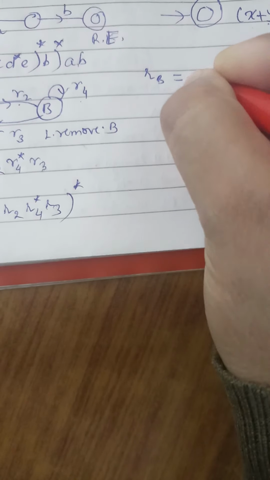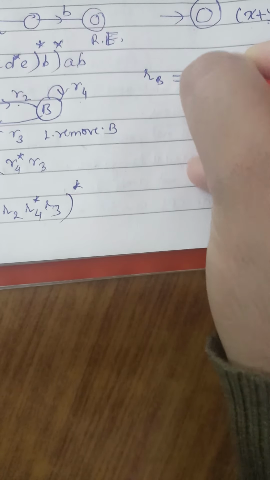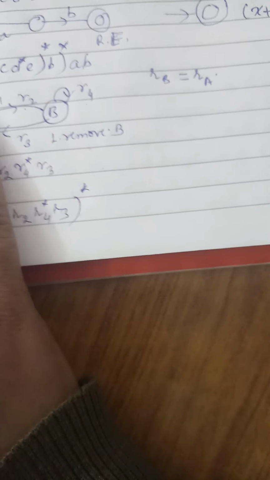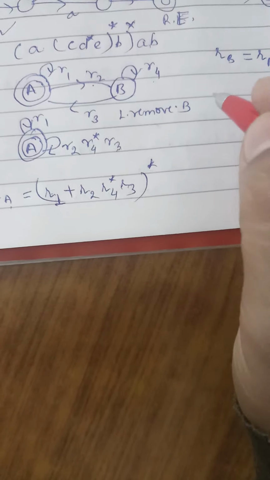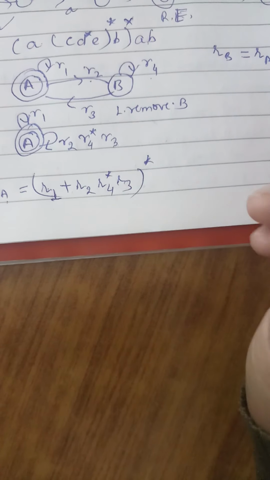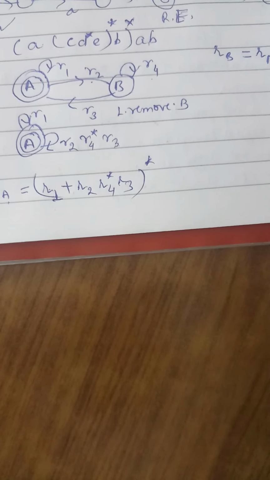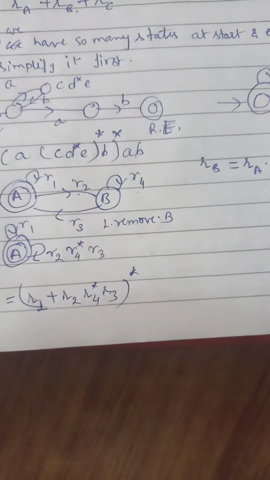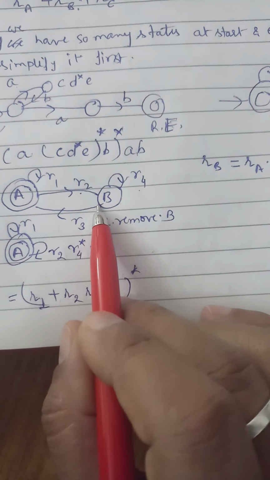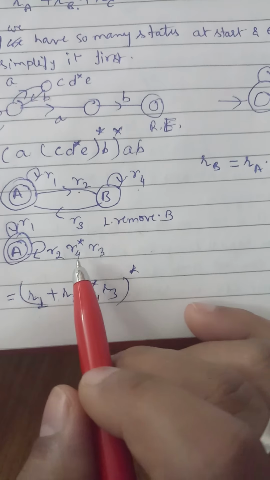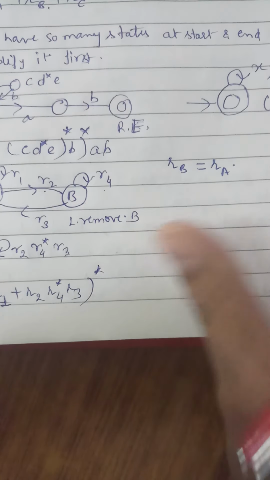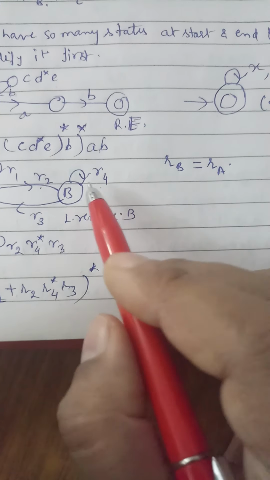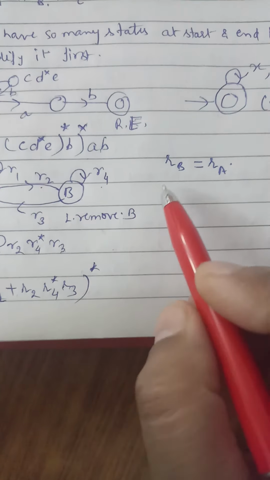We will have RA dot R2 R4. Here we are removing B, but what can RB be? RB can be RA, because both represent RA and RB, then R2 R4.